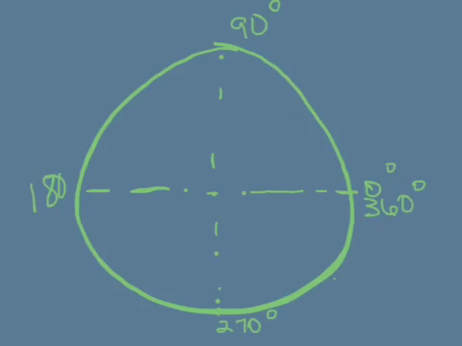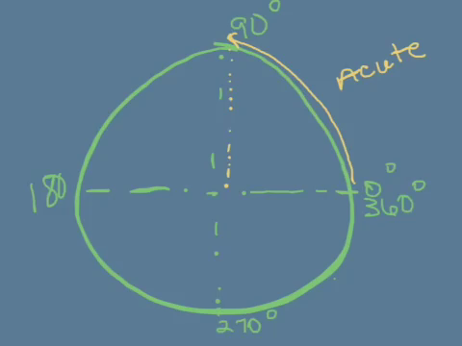So anything that is less than 90 degrees, let's say from here to here, or 89 degrees, is an acute angle because it is less than that.